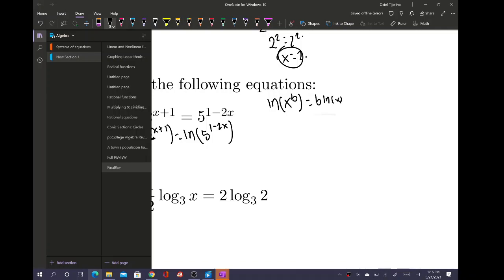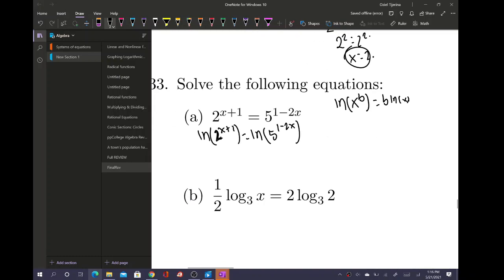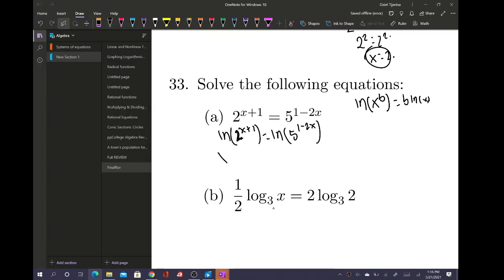Okay, so you have to use that rule. So basically you're going to say x plus 1, in parentheses, times the ln of 2 equals 1 minus 2x times the ln of 5, right?